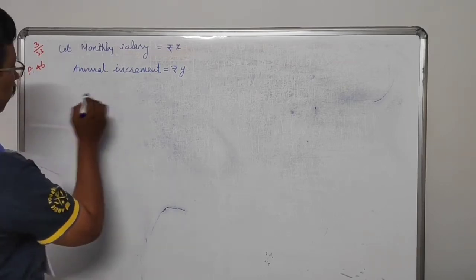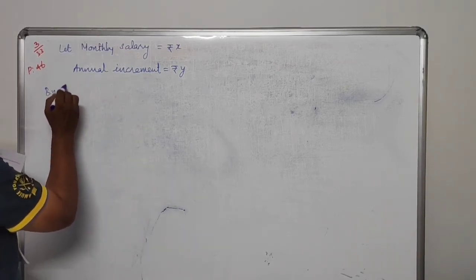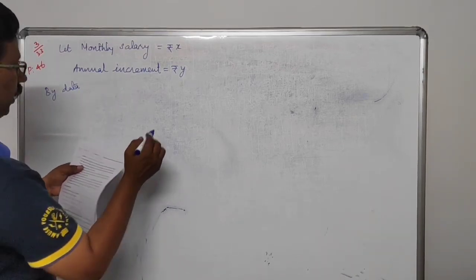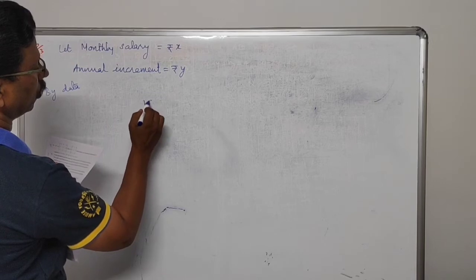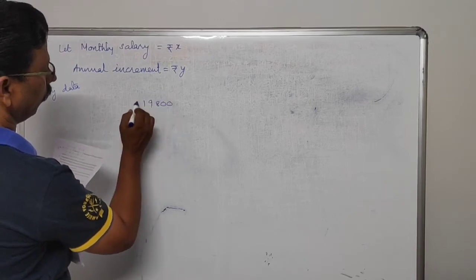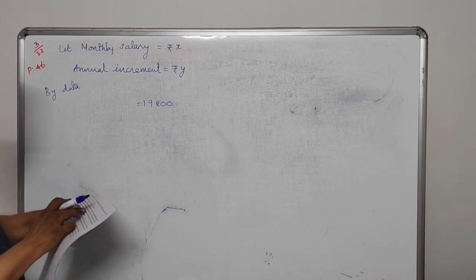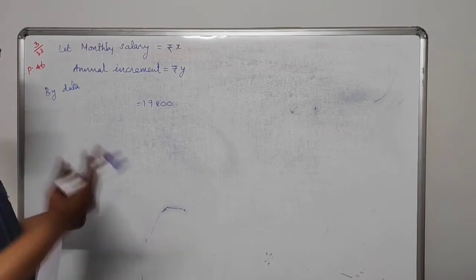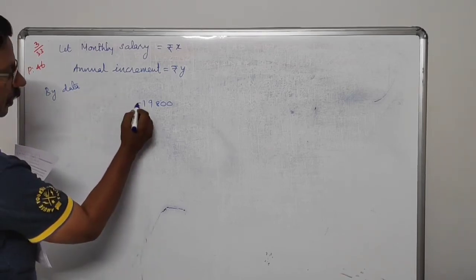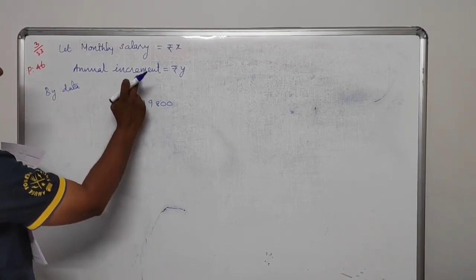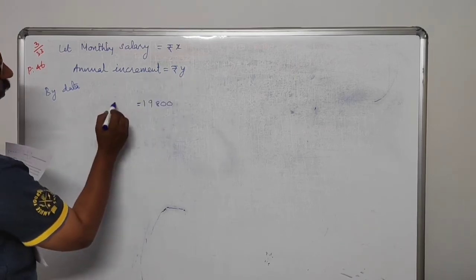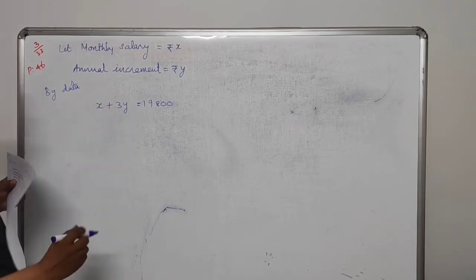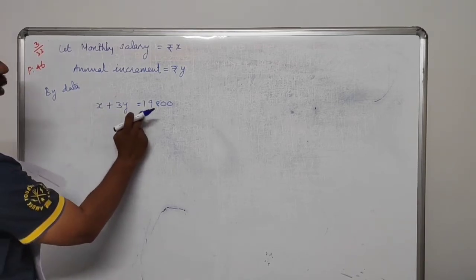By data, we can say his salary is rupees 19,800 per month at the end of the first month after 3 years of service. 3 years of service means he will be getting 3 times the annual increment. Therefore, this is 3 times the annual increment added to his initial salary. That is X plus 3Y equal to 19,800.